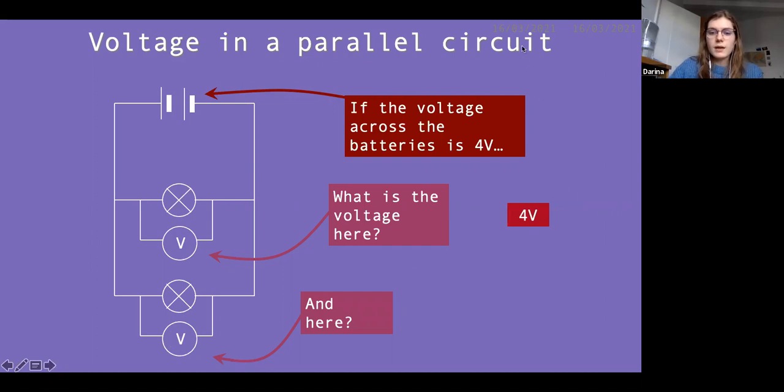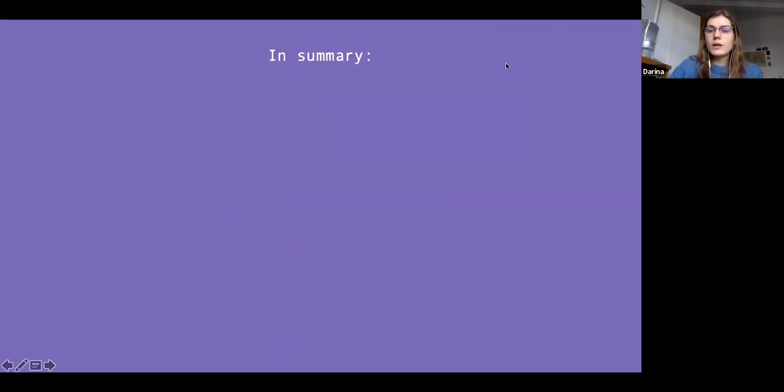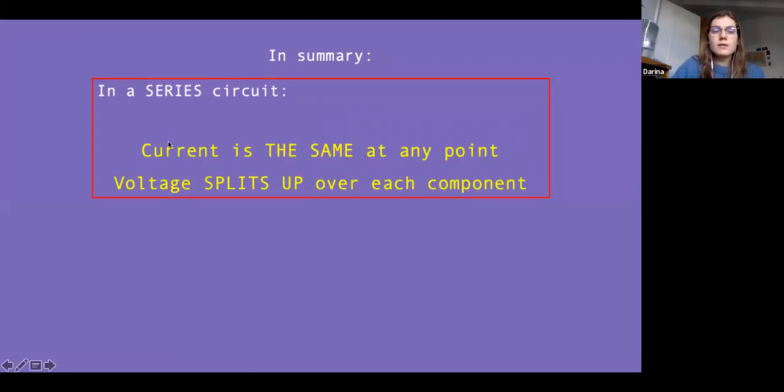Right, perfect. So we can make use of this with some rules that tell us how we can use current and voltage in series and parallel circuits. And to summarize, here they are. For a series circuit, current is the same at any point and voltage splits up over each component.